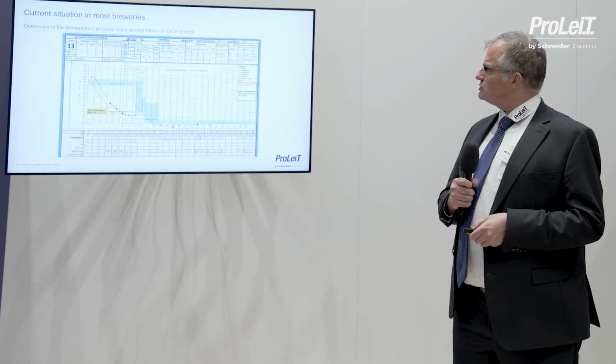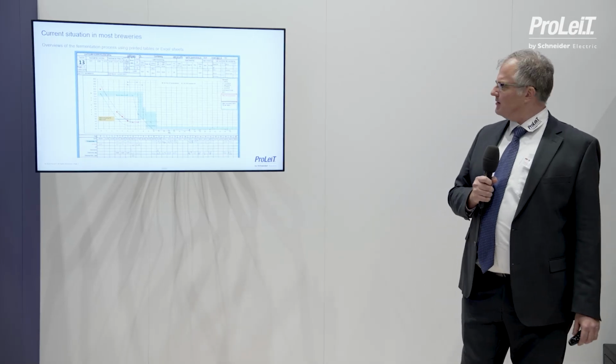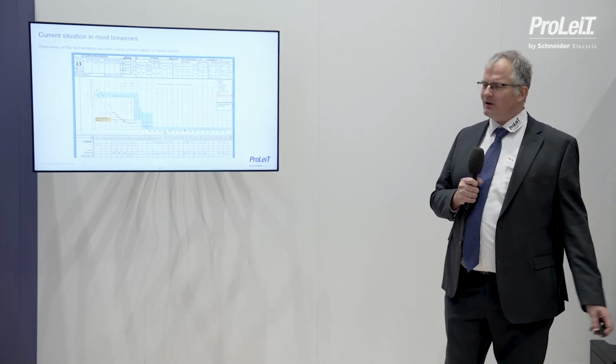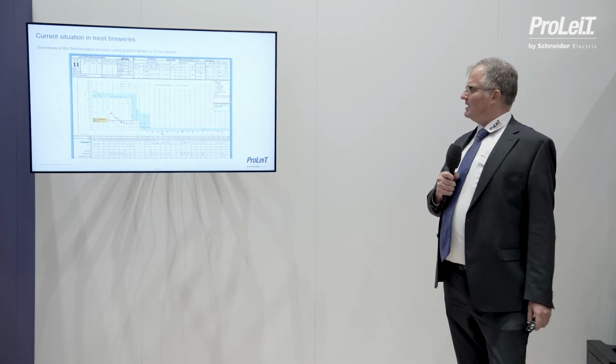What we usually experience at most of our customers is that the complete documentation of a fermentation batch is quite old school. Most of our customers are still using some kind of Excel sheets to draw and input all the values from the PCS, from the laboratory, into a sheet to have a full documentation of a fermentation batch.